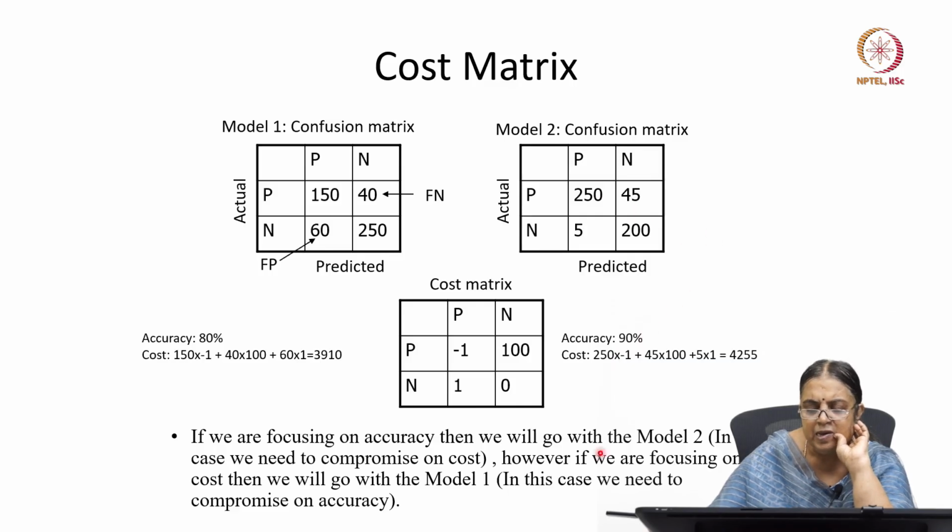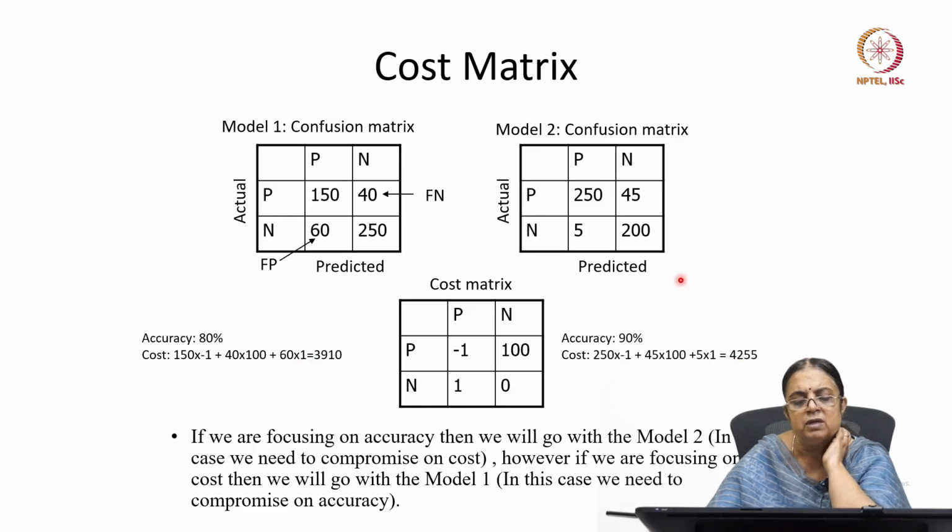However, if we are focusing on the cost, then we will go with model 1 because model 1 has less cost than model 2 basically. So this is the cost matrix that we are using. These are all the methods that we use to deal with the class imbalance problem. So we'll stop here at this point.